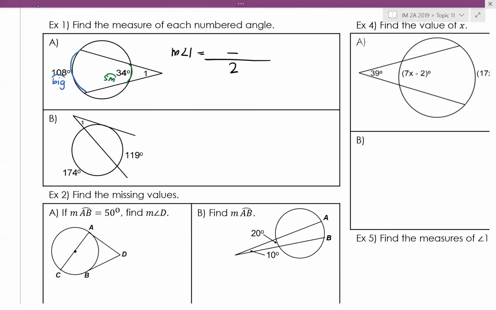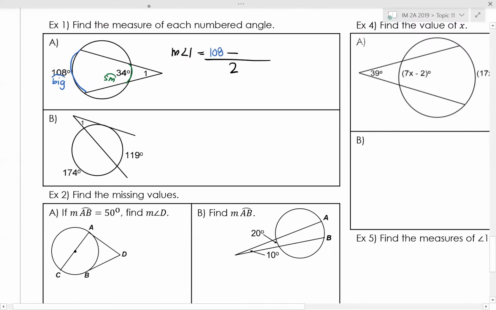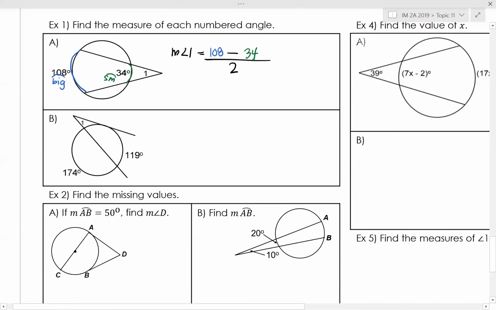So 108 minus 34 divided by 2. 108 minus 34 gives us 74. If we divide that by 2, that gives us an angle of 37 degrees. So measure of angle 1 is 37 degrees.